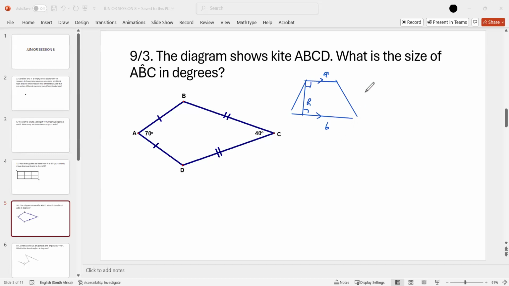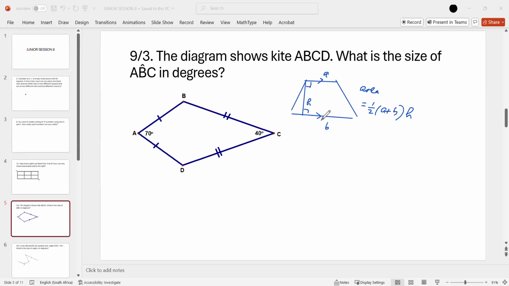So the area of this is half the sum of the parallel sides multiplied by the height between them. A very important formula. You must learn all these formulas. They are very useful. The area of a trapezium is half the sum of the parallel sides A and B, times the height between them.